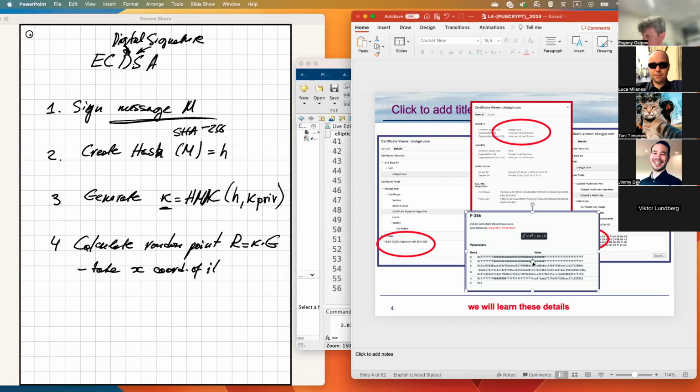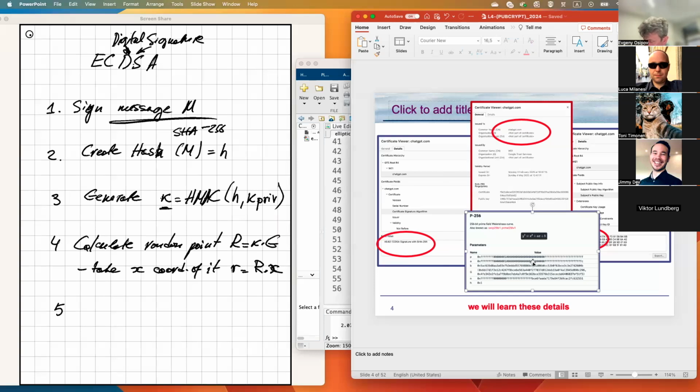Let's denote it as r equals R.x. So r is an integer, the X coordinate of the point that you generated in this fashion.